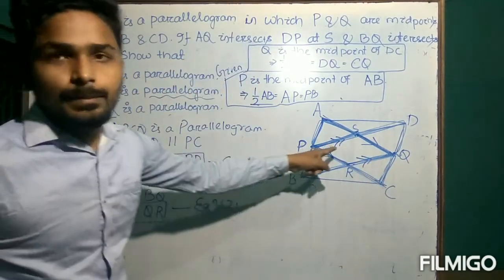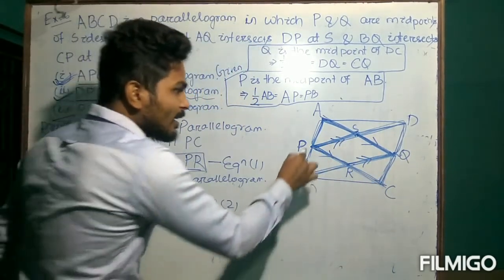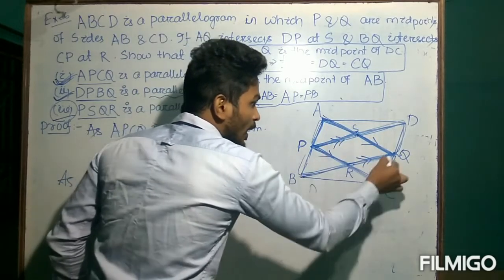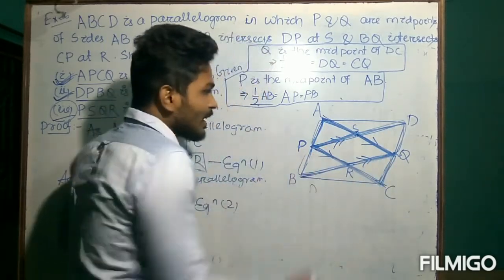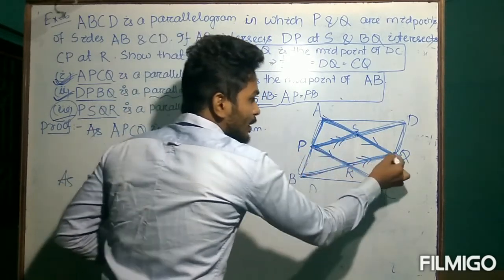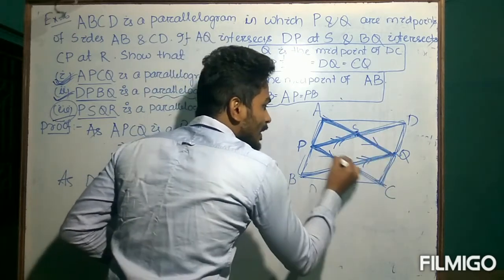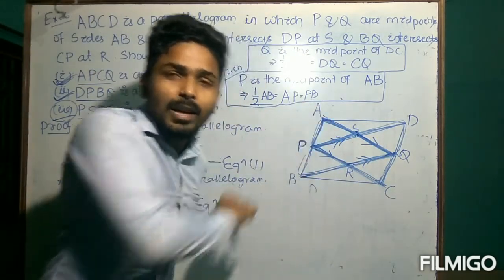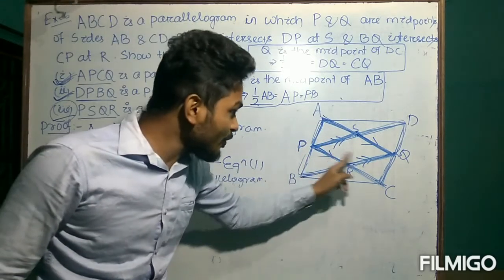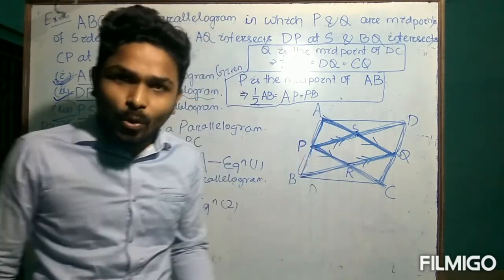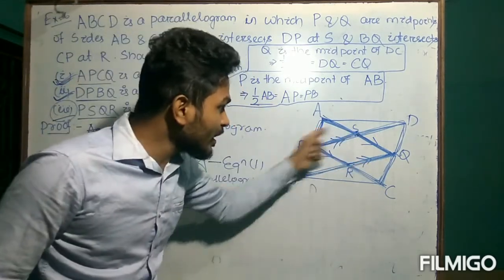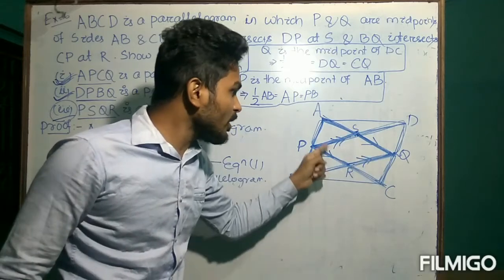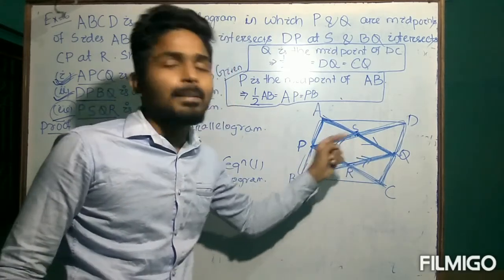Now carefully look at this. If we consider PSQR as a quadrilateral, then in this quadrilateral, this side is parallel to this side and this side is parallel to this side. Then what will it be? It will definitely be a parallelogram, because in a parallelogram the pair of opposite sides are parallel, and here we found that in this quadrilateral their pair of opposite sides are parallel.